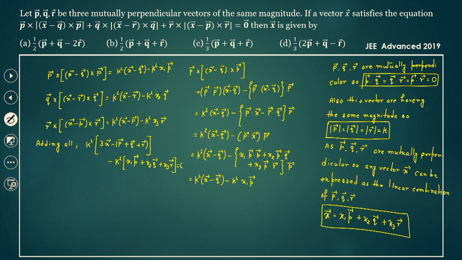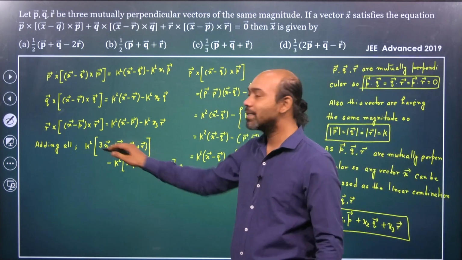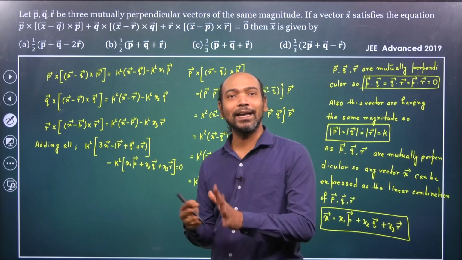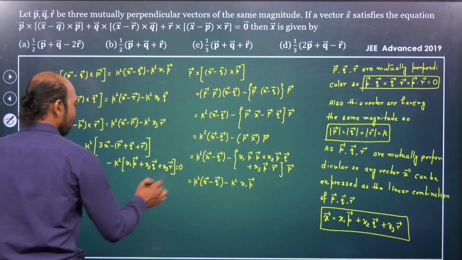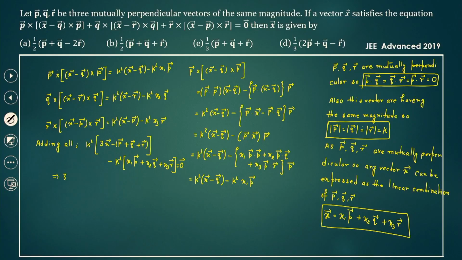And that's obviously equal to 0. Okay, that's already given here, right? So now see what we obtained. K square is a constant, so it can cancel from both sides. If I cancel that k square from both sides, we'll get the vector 3x minus the vector p plus q plus r.